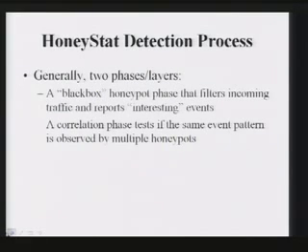And that's the system detail. Essentially we have two phases again. One phase is the black box, meaning each honeypot would try to filter incoming traffic and report interesting activity. For example, it says my honeypot is sending outgoing traffic. That's very strange activity.